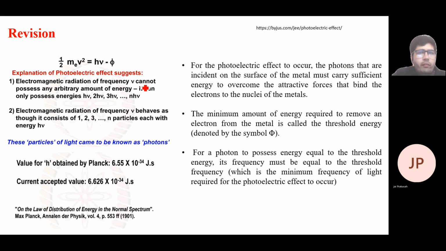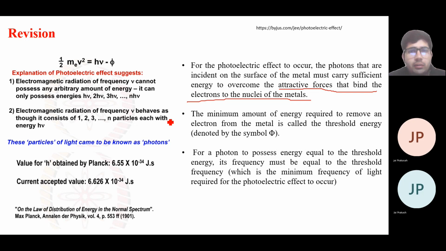Now for the photoelectric effect to occur, the photons that are incident on the surface of the metal must carry sufficient energy to overcome the attractive forces that bind the electrons to the nuclei of the metal. Metals have nuclei with an arrangement of protons, neutrons, and electrons. The electrons are bound to the nuclei by attractive forces.